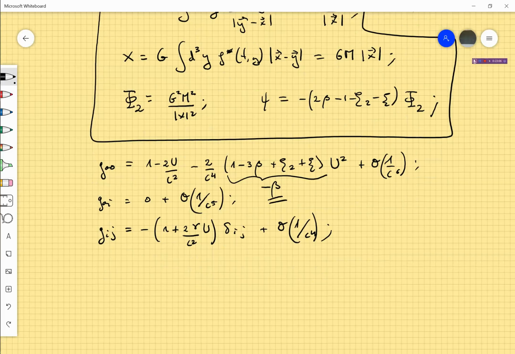Plus, remember, and this is something that I noticed, that in this case, psi plus 2 beta u squared is what corresponds to capital psi in the general relativity case. So now this metric only depends on beta and gamma, and in terms of functions it only depends on u, which we just saw is GM over r, if you want.